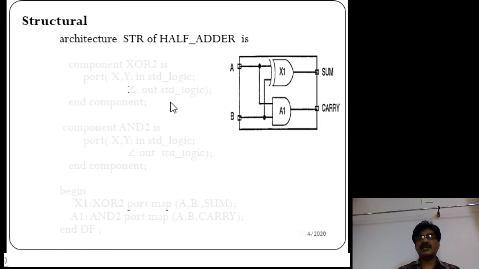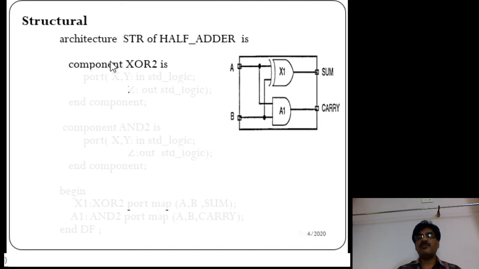Remember, the syntax of component declaration is similar to entity declaration, except there we write the word entity, but here we write the word component. In later classes we can see the syntax of this component. Now for this example, let us see how to write the component declaration for the XOR gate and AND gate.